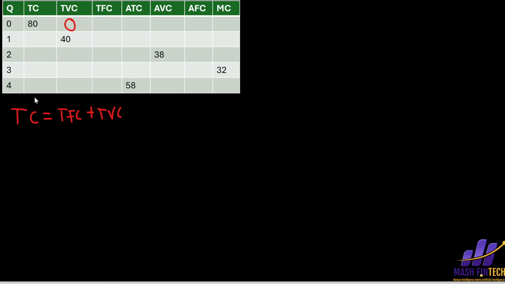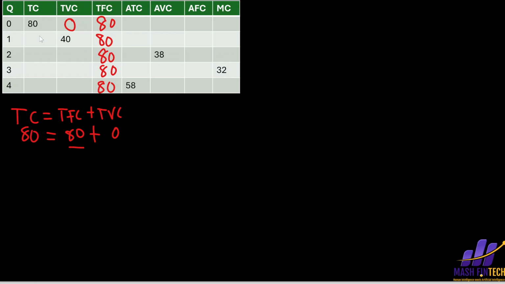So if the total cost is 80 and the total variable cost for an output of 0 is 0, this means the total fixed cost has to be equal to 80 as well. Fill in here, you have 80, so the total fixed cost is 80. Remember, we said fixed costs don't change, they're independent of output. So the fixed costs are going to be 80 for all levels of output.